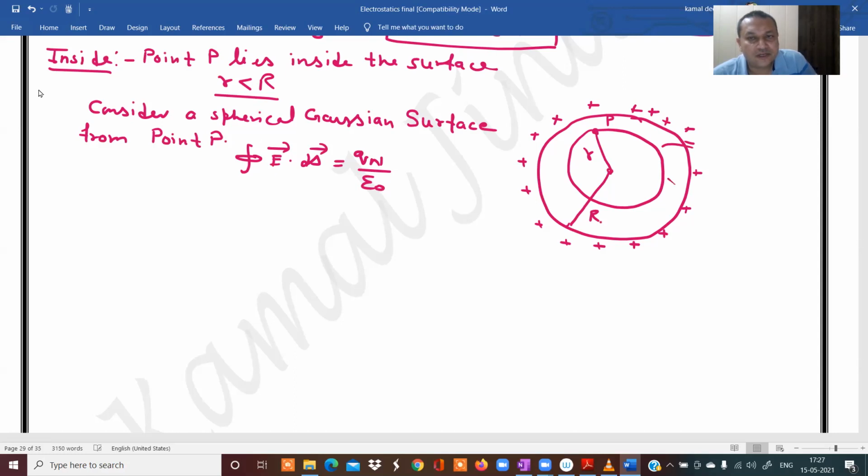You can see this is outside. No charge is there inside the Gaussian surface. Inside the Gaussian surface, q net is equal to 0. It is empty.